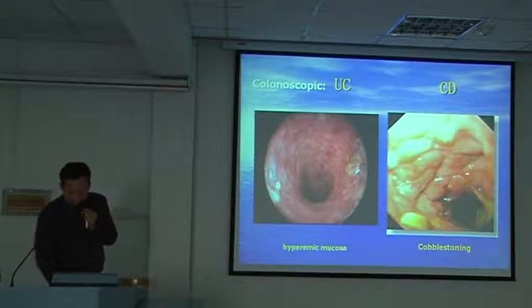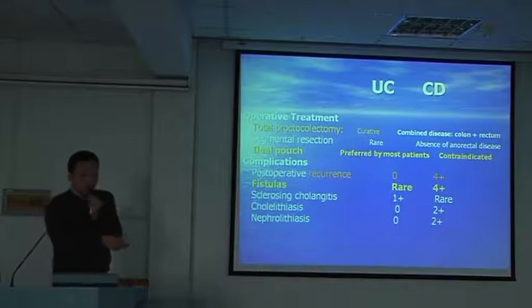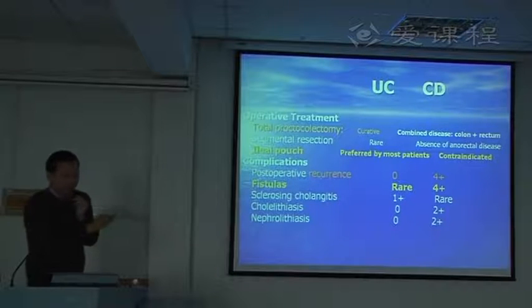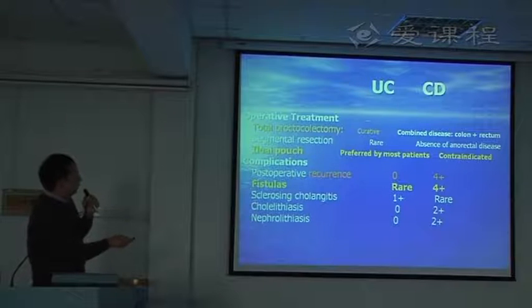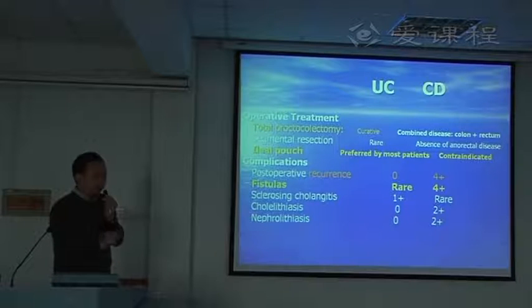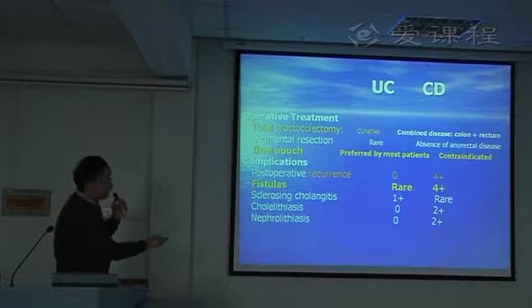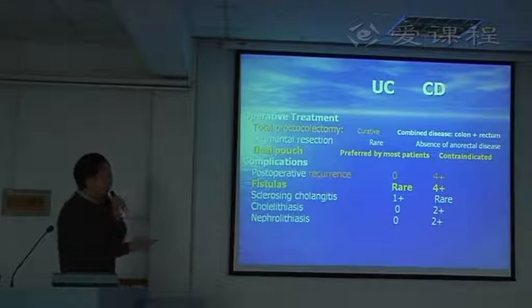Okay, so go back. Why do we distinguish UC and CD as different diseases? Because the operation and treatment are different. For UC, it's total proctocolectomy, the whole colon and rectum.